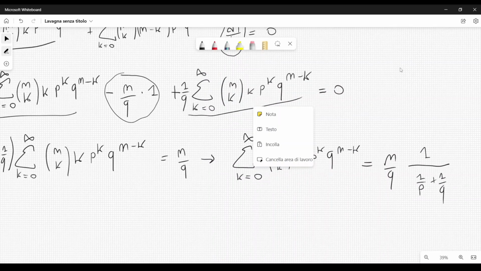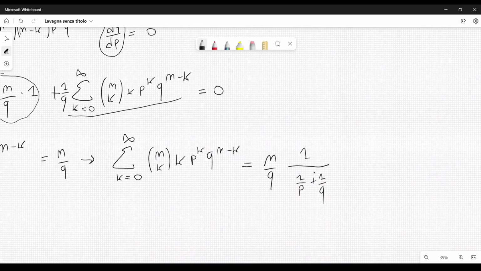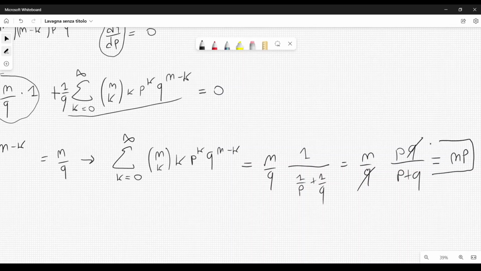But now when I put these two together, I get n over q, and then I can rewrite this as p times q divided by p plus q. I can simplify this with this, and p plus q is just equal to 1. So the result here is n times p. This is the average of the variable k, which is distributed according to the binomial distribution.